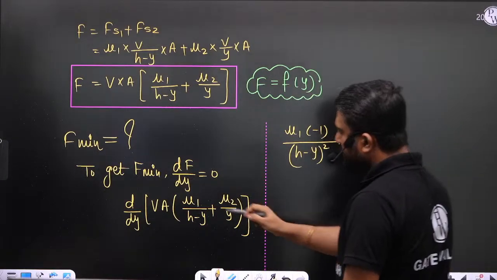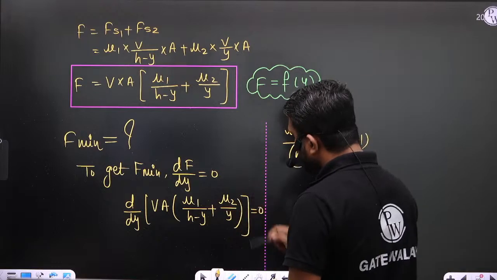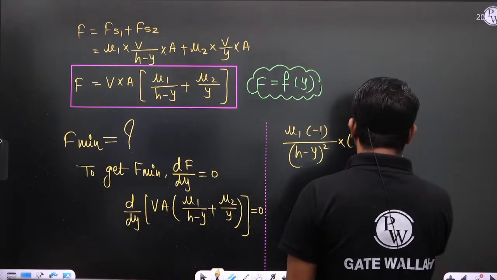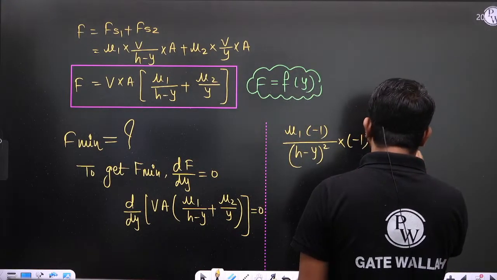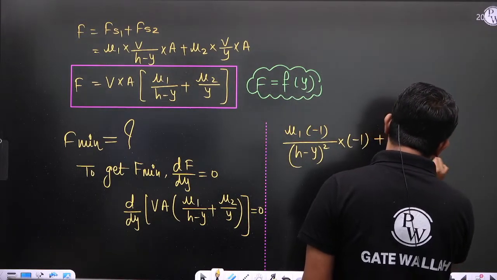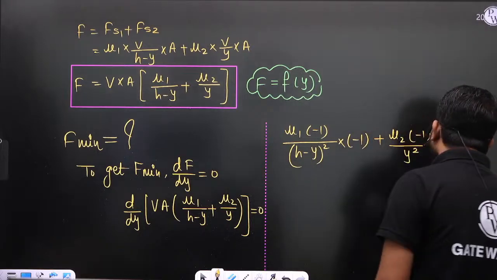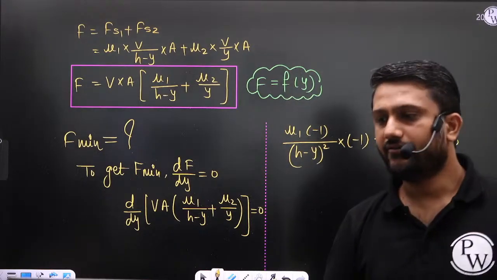So this is the differentiation of this term. Plus mu2 Y to the power minus 1, which gives minus 1 upon Y to the power minus 2, that means 1 upon Y square.